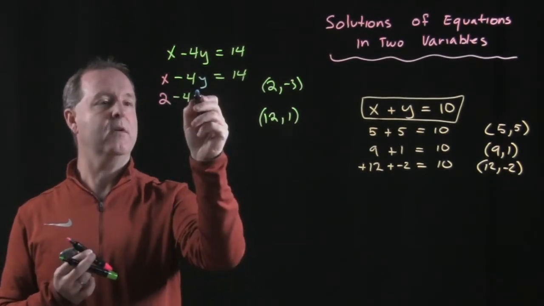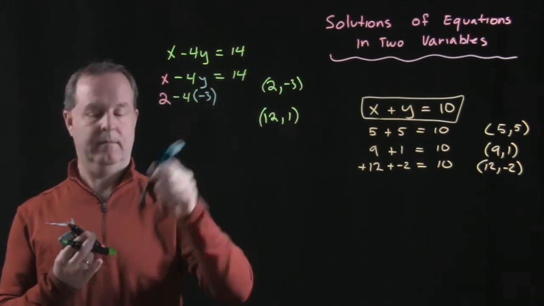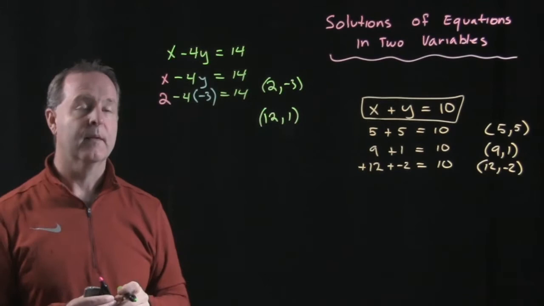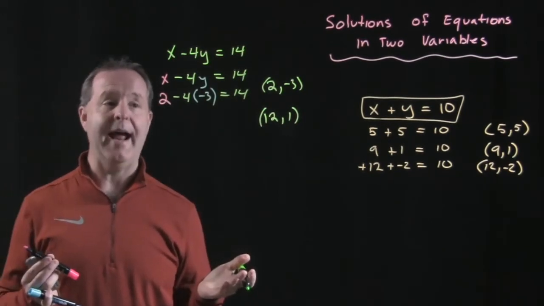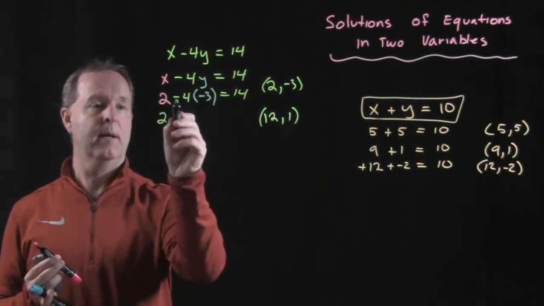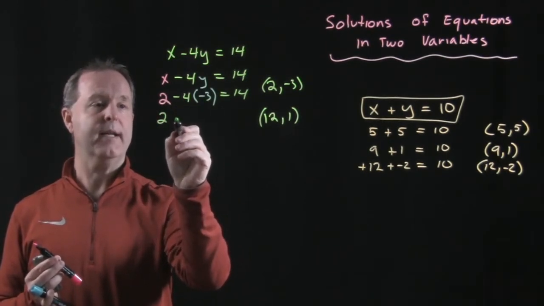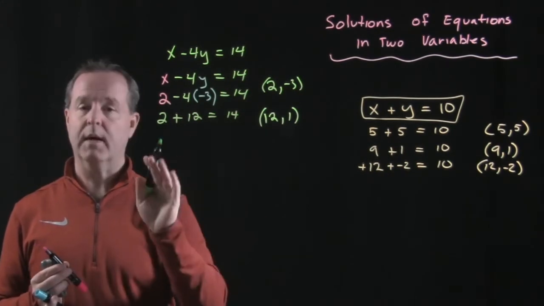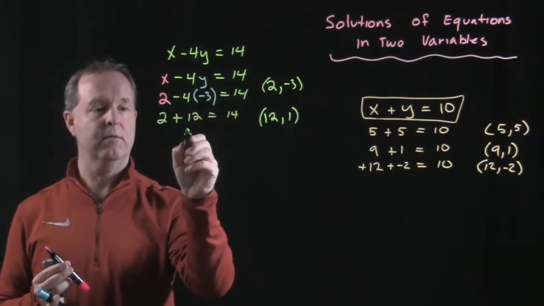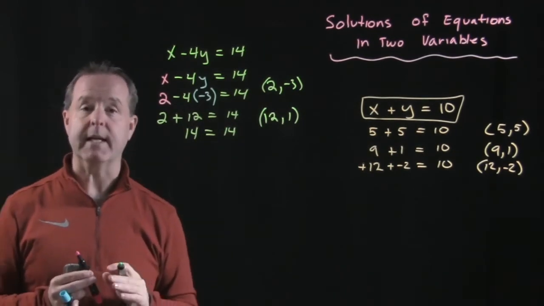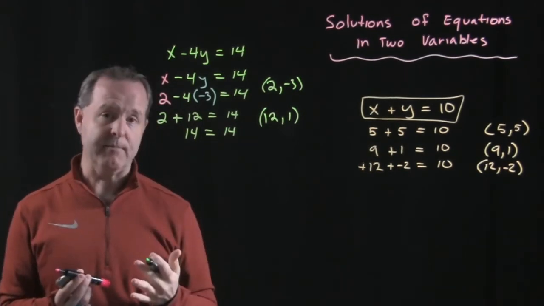And my y value is a negative 3. Then from there, we're going to solve that out and see if we get something that is true. So 2 minus 4 times negative 3 is a positive 12. Working one step at a time, 2 plus 12, 14 equals 14. That's a true statement.